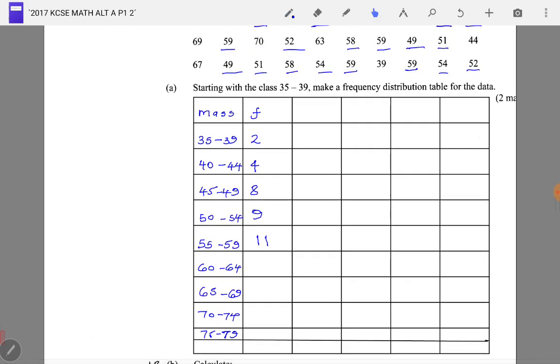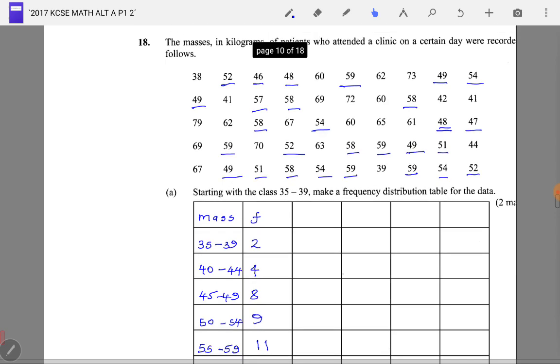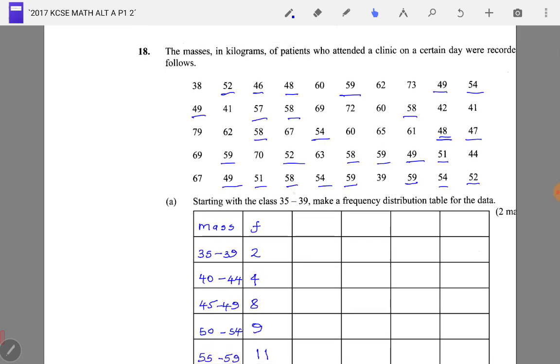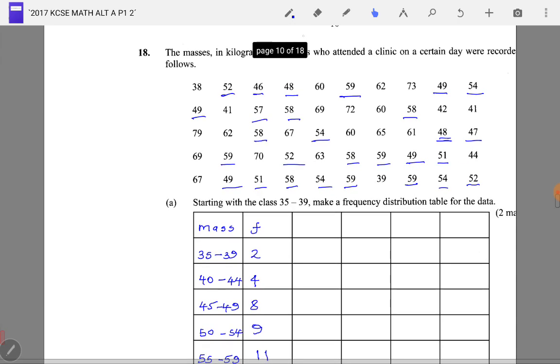Then we have 60 to 64. We again count: 1, 2, 3, 4, 5, 6, 7.